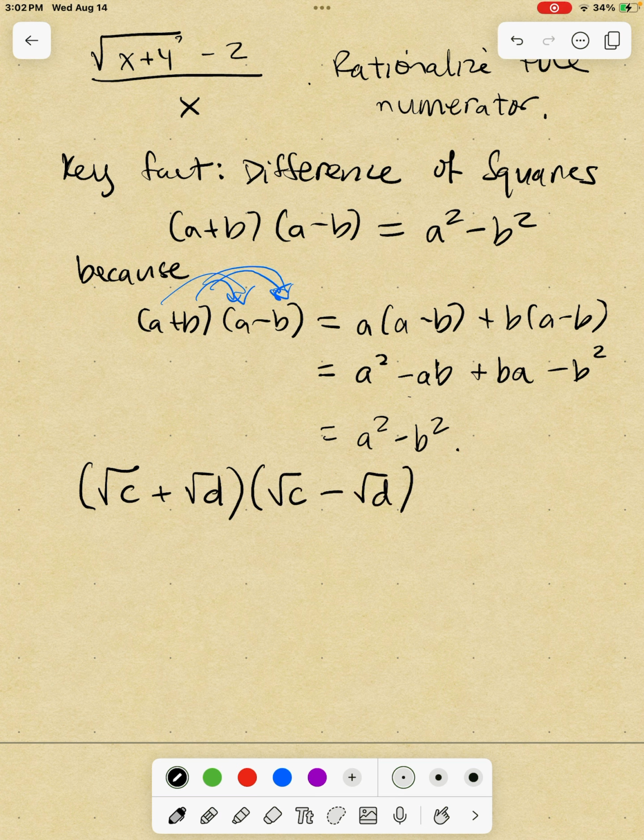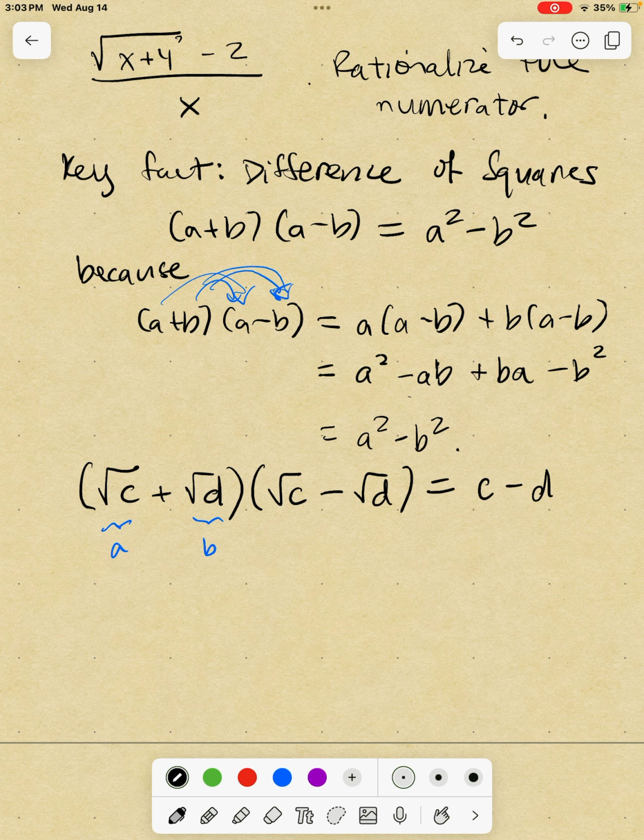The square root of c is like my a, and that's like my b, so I have a plus b times a minus b. I get a squared, that's c, minus b squared, that's d. Notice that by doing that, I now have something that doesn't have any square roots in it.